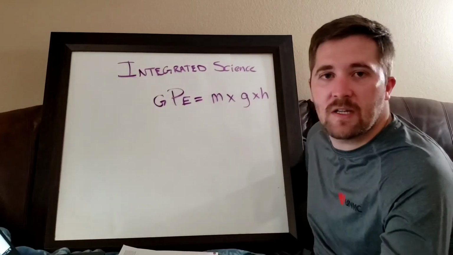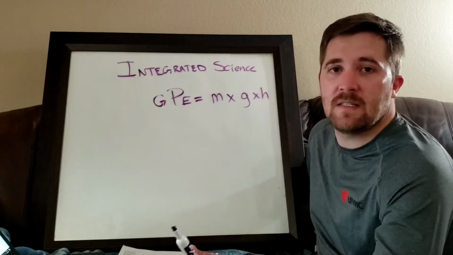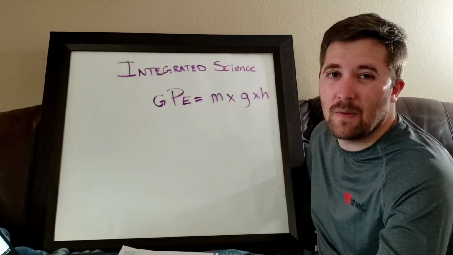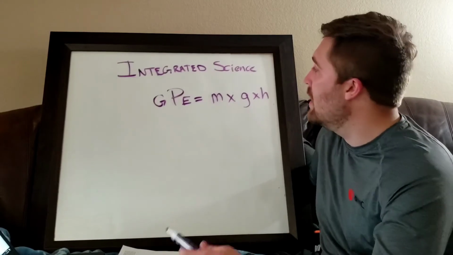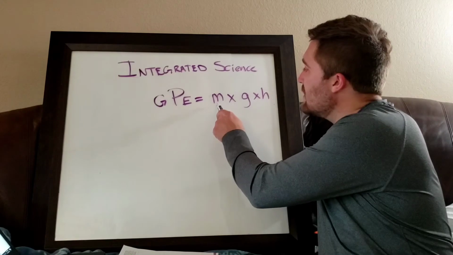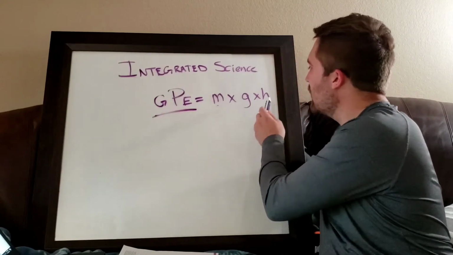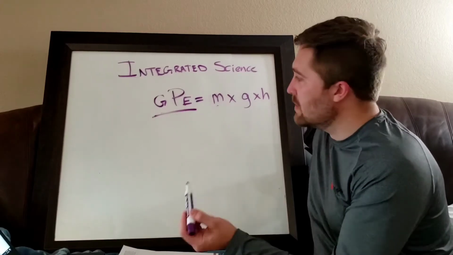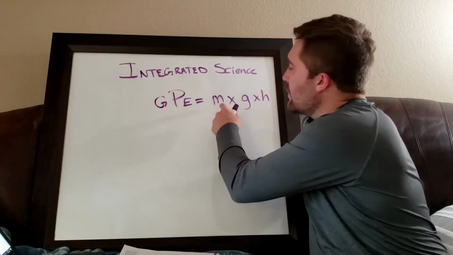I didn't go into the other, so you can rearrange the kinetic energy problem to solve for the mass or velocity. Your test is not going to make you do that because they get a little bit confusing with the squared. You have to do square root and things of that nature. But your test will give you a gravitational potential energy, and you have to solve for a mass or a height. So let's say we have to solve for mass.